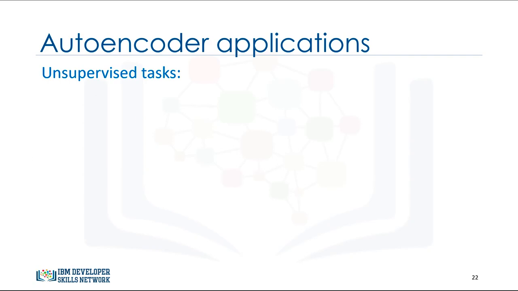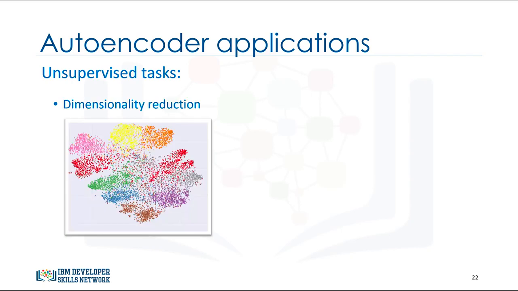What are the applications of autoencoders? Well, autoencoders are employed in some of the largest deep learning applications, especially for unsupervised tasks. As the encoder part of the network, autoencoders compress data from the input layer into a short code, a method that can be used for dimensionality reduction tasks.